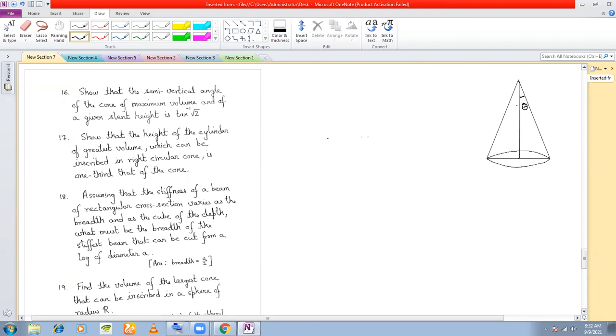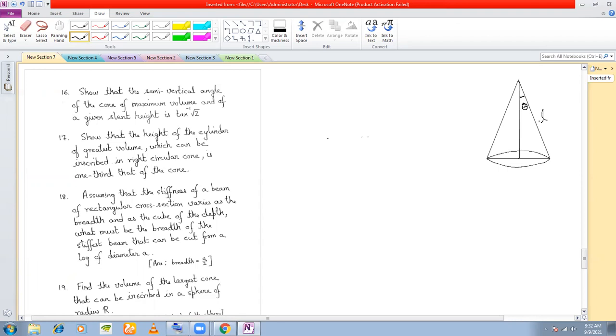You have to show in this problem that if this cone has maximum volume, and if the slant height of the cone is given, that means L is given to you. That means L is a constant. This is the slant height. For a given slant height, that means L is constant, and if the volume of this cone is maximum, then you have to show that theta is tan inverse of root 2. That is what you have to show.